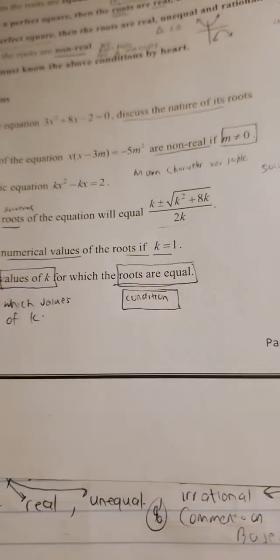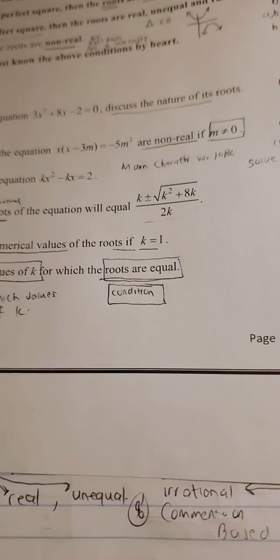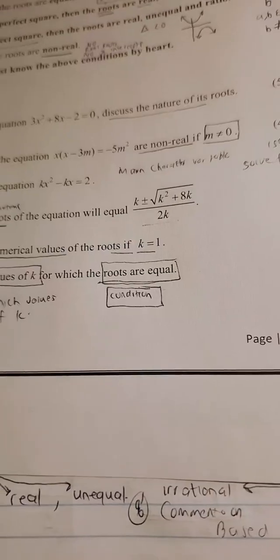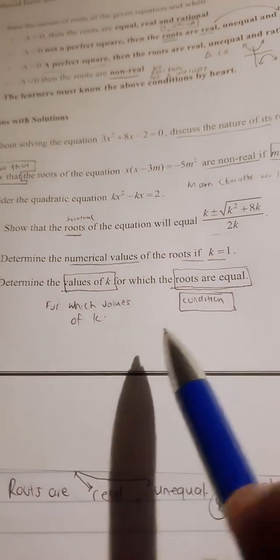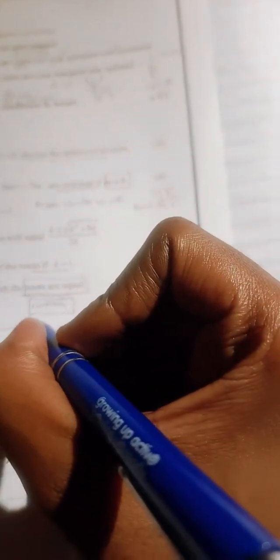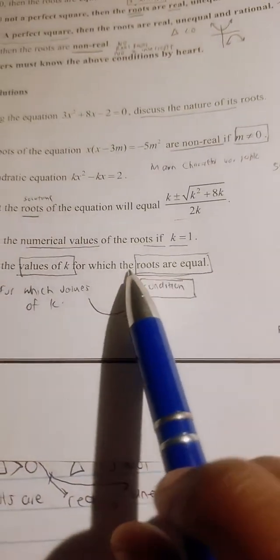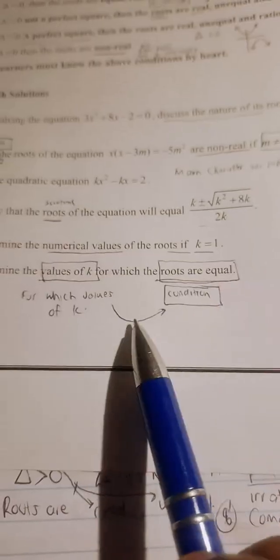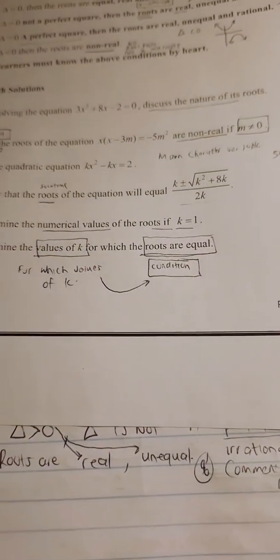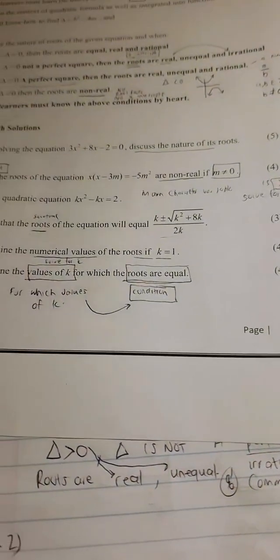When we say the roots are equal, what does that mean for delta? Because in this type of question, we are going to set up an equation, but it will be based on the condition. There's no way we are going to get these values of K unless we use this condition to set up an equation and then solve for K. So there's two aspects to this question. We understand we need to solve for K. That we understand very well.